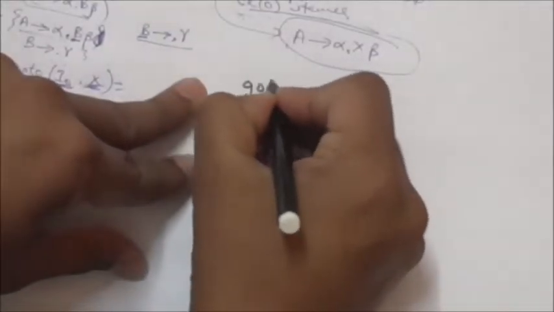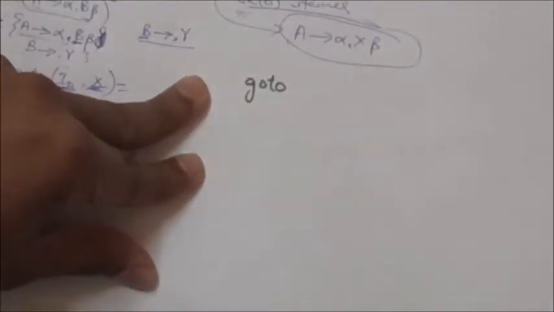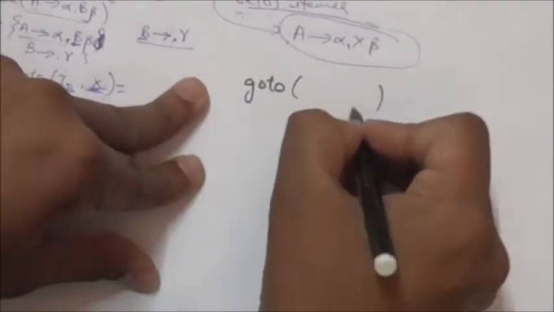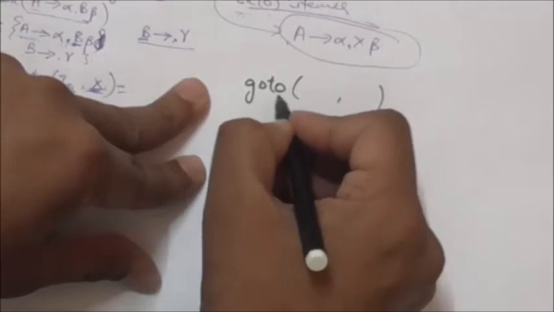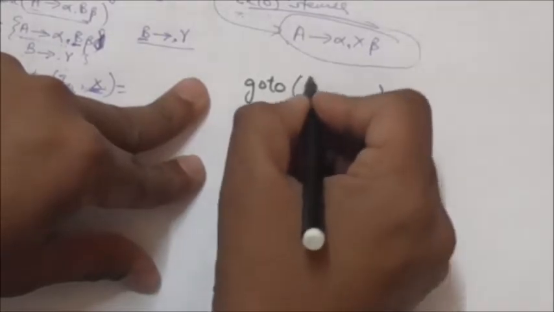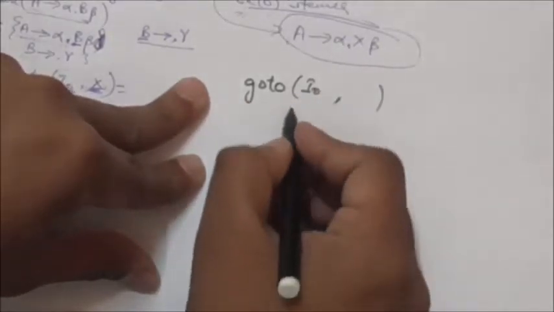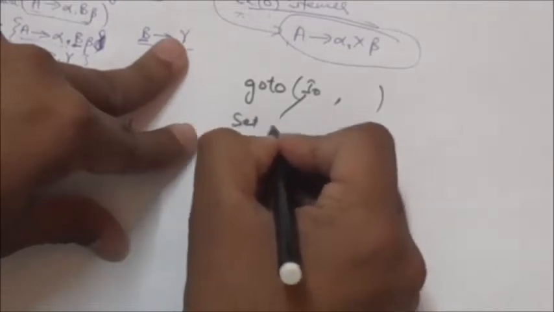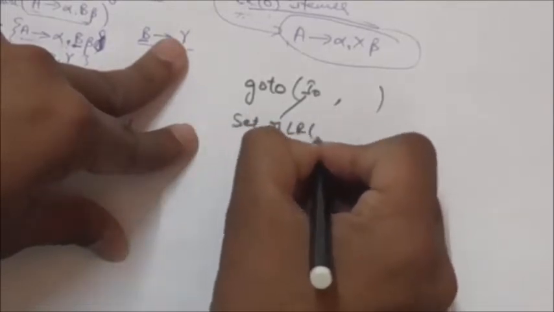Now we will learn how we can evaluate this Goto function. This Goto function will take two parameters. The first one is a set of LR0 items.